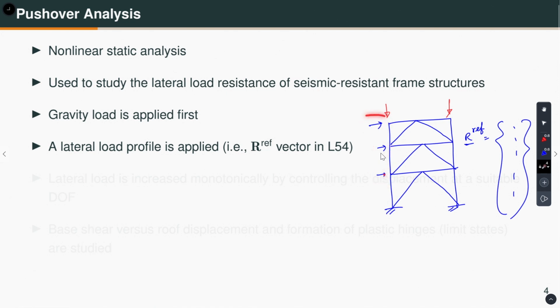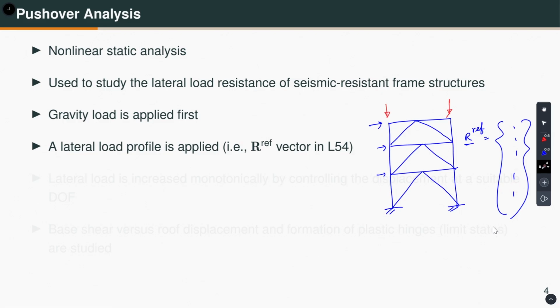What are these values? That depends on how you are doing the pushover analysis. These numbers could be based on the lateral load profile that you used to design the structure for earthquake resistant design, or they could be based on your fundamental mode shape, which I will discuss in just a little bit. So, there are 3 entries here which are non-zero and have some values.